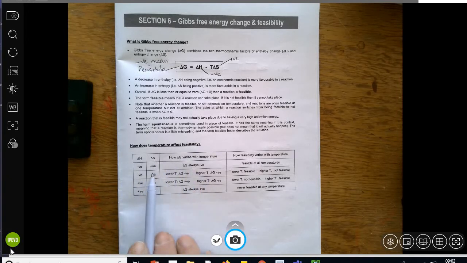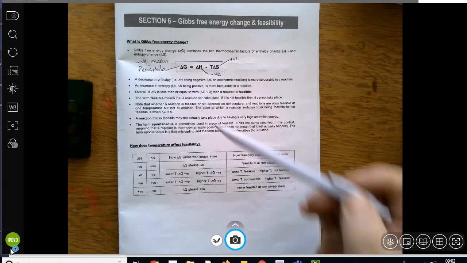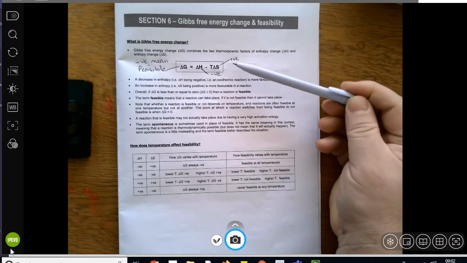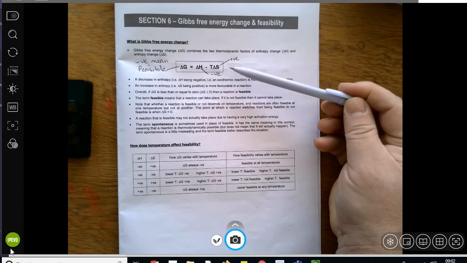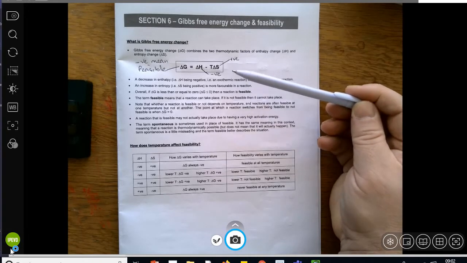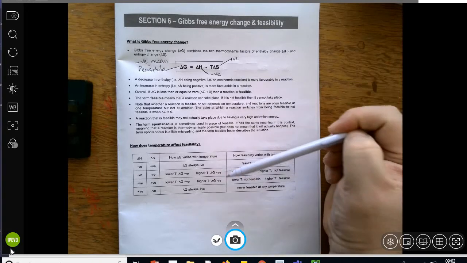Now, this table here is looking at whether the reaction is feasible or not feasible at different temperatures. It takes a little bit of a while to work through this. So I would suggest that you write down this equation and think about how this table affects it.